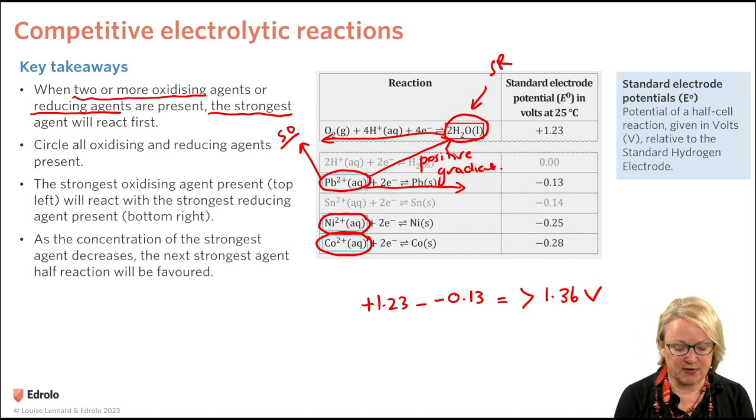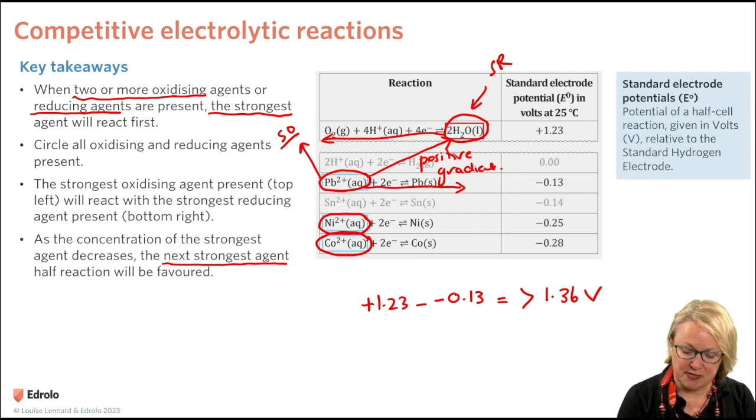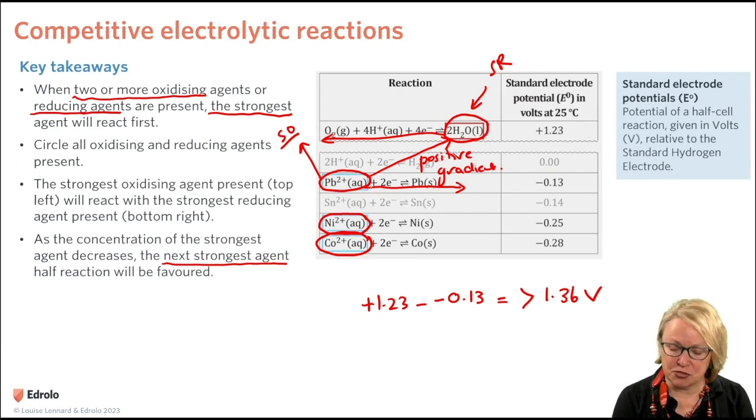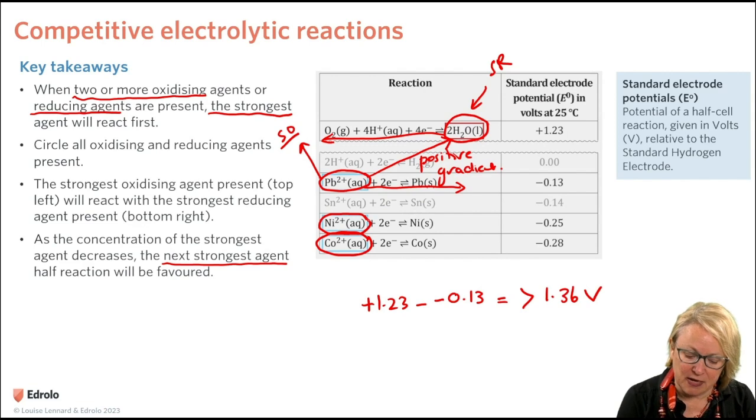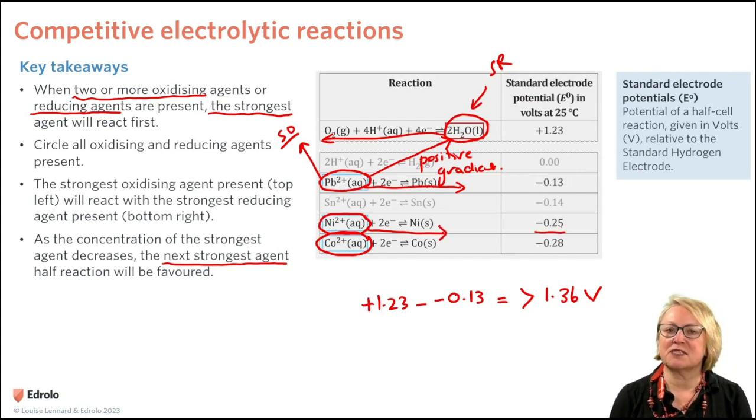Once the concentration of the strongest agent decreases, then the next strongest agent half reaction will be favoured. So after the lead-2+ ions, then nickel-2+ ions will be reduced, providing we've got sufficient power source.